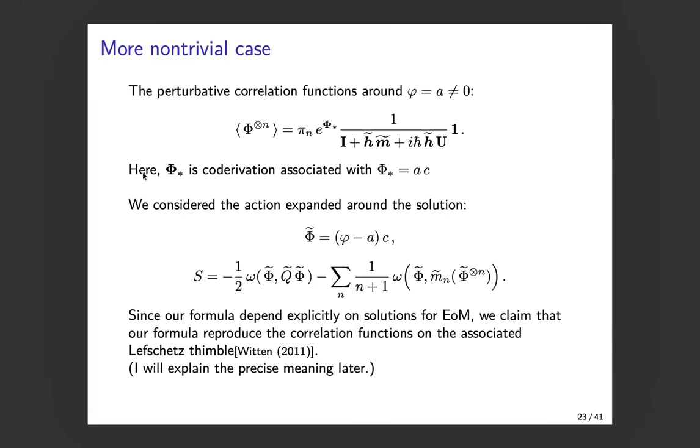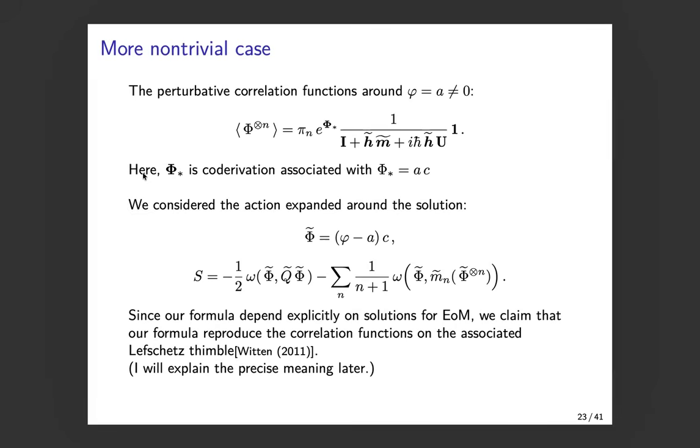Here, the co-derivation associated with phi star is equal to zero at a. So this is the classical solution, a. We just consider the action expanded around the non-trivial classical solution and construct the action as in the previous slide.